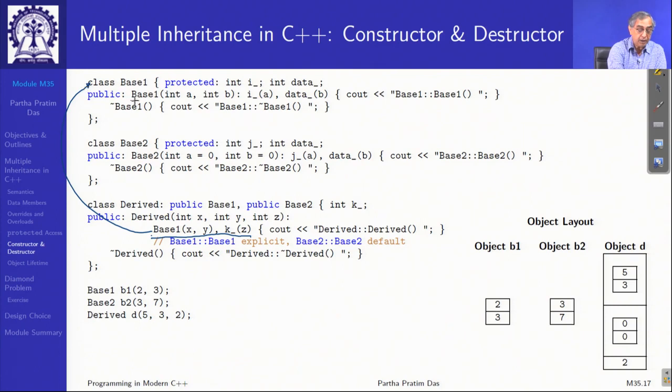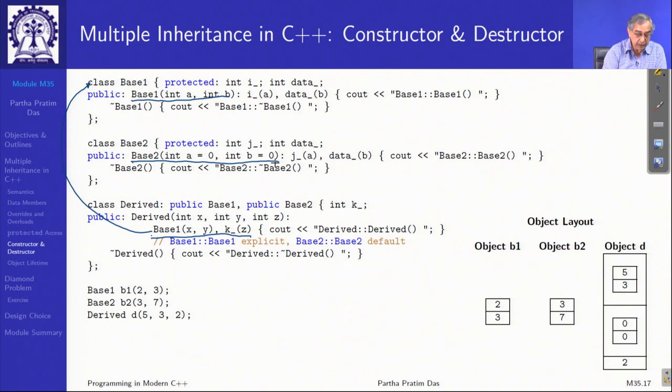I have used the non-default constructor of base 1, whereas I have not mentioned anything for base 2. It will also have to get constructed. So, if I do this, then it is mandatory that the constructor of the base class that I am not mentioning must have a default constructor, otherwise naturally the compiler will give an error.